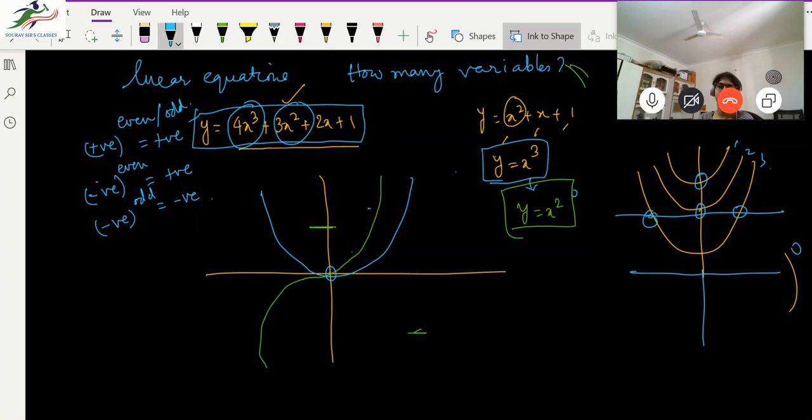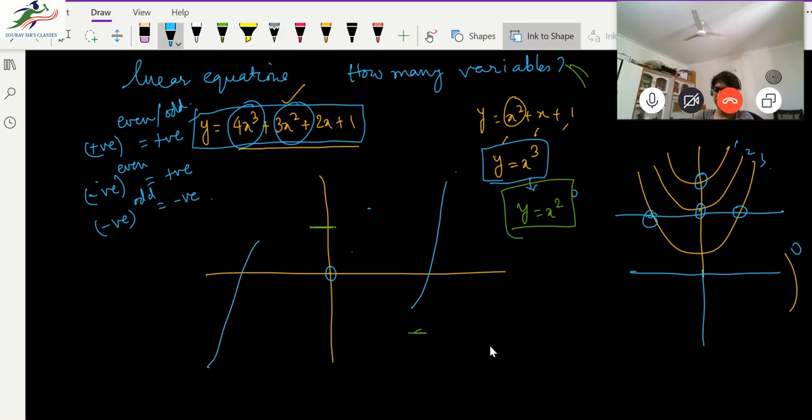right? So that is why it is as if the curve is divided into two parts. One is behaving like the cube function, and the other one is behaving like the square function.